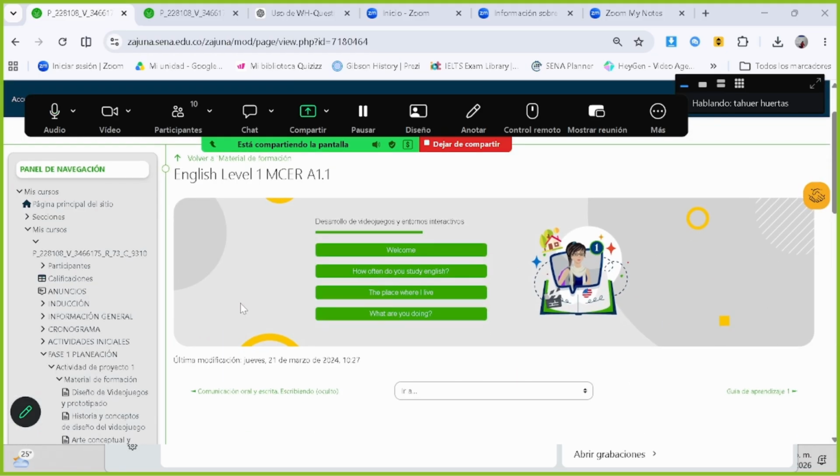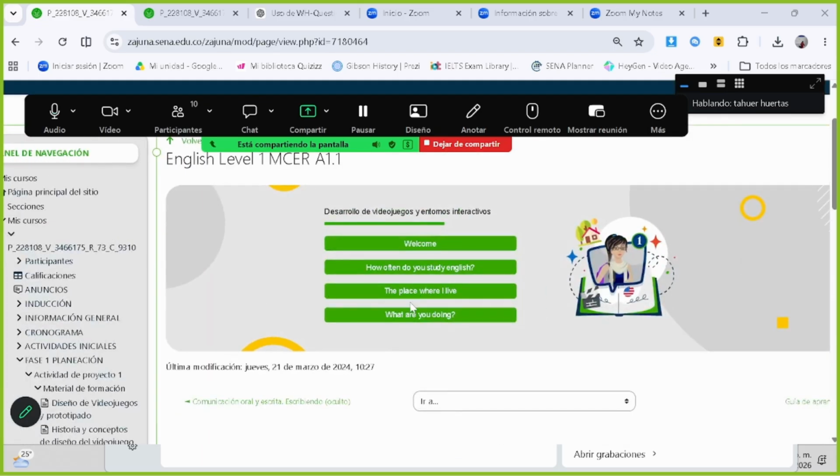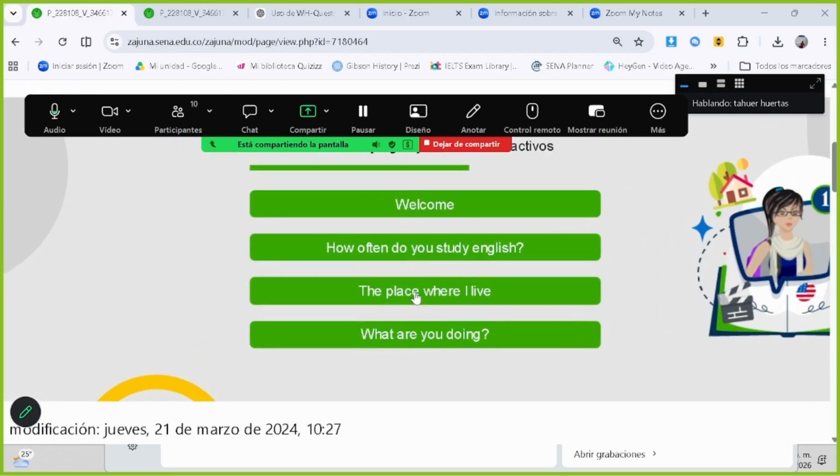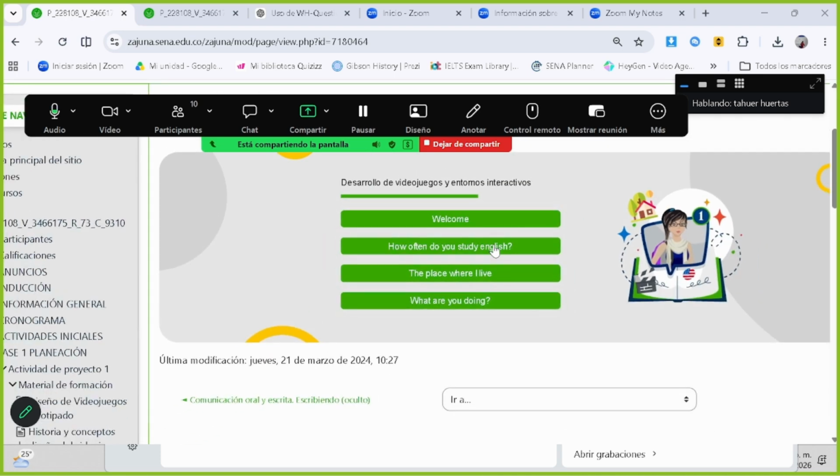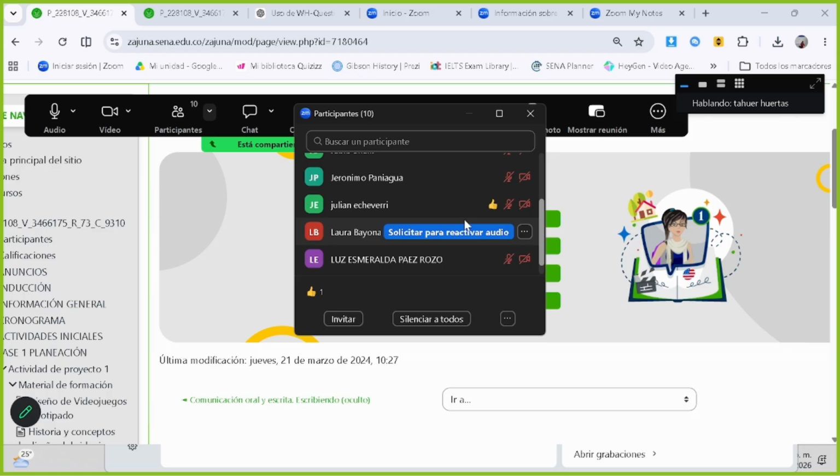Okay, so that's all, people. You have this weekend, you have this week to practice these exercises, these sentences, these examples, grammar, vocabulary, listening, writing, etc. Okay, people, any questions?